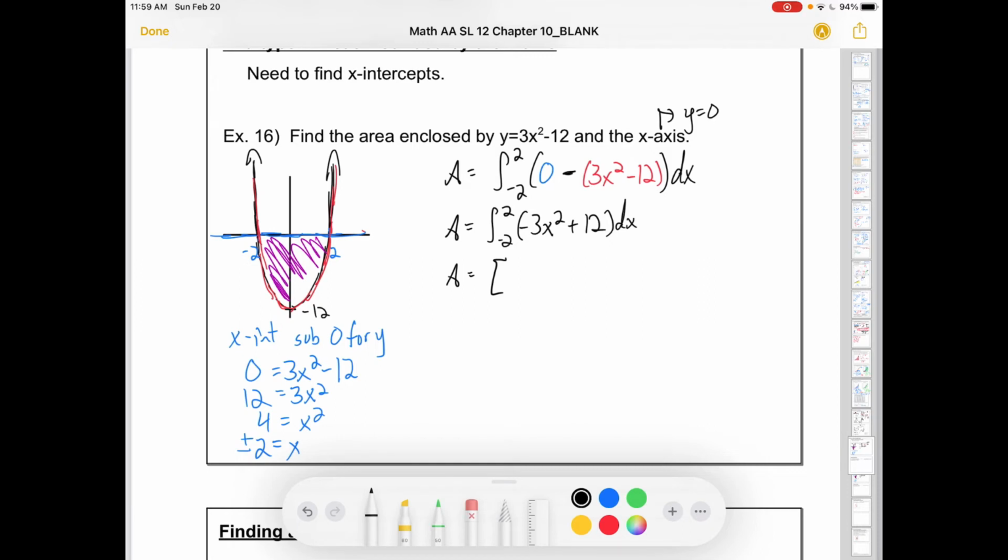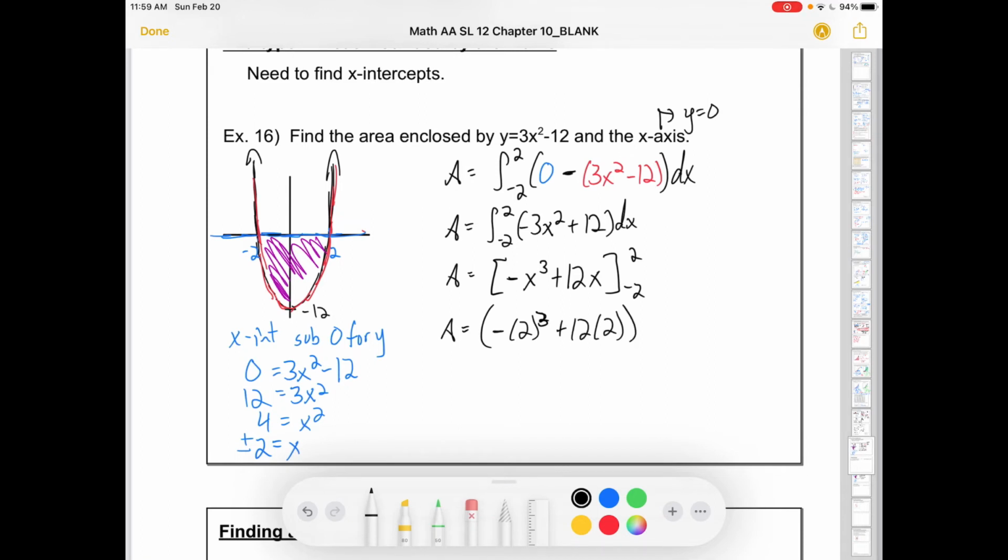And now I can anti-differentiate. When I look at that -3x squared, I can do it by inspection. That's just going to be -x cubed, and this will be 12x. But if you want to use rules to get there, that's great as well. And now I'm going to carefully sub in. Okay, so I'll sub in 2. And whenever we're subbing in, we should be putting stuff in brackets.